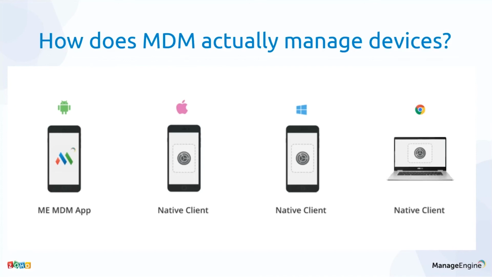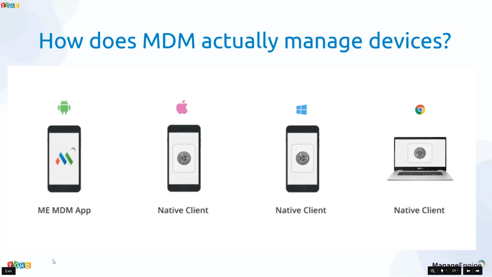It's like a certificate installation alone; you need not deploy a separate MDM app on the phone. Still, having the ME MDM app gives you other benefits like a self-service catalog, file sharing, remote control, and other options. But for management purposes, only for Android do you need the ME MDM app. For Apple, Windows, and Chromebooks, we just leverage the native OS client.